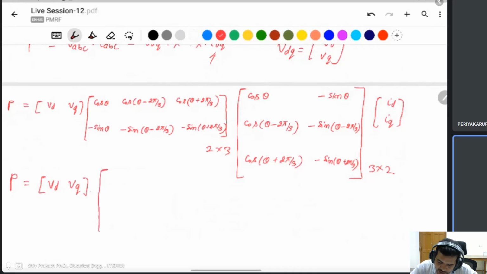This is cos multiplied by cos square theta plus cos square of this one plus cos square of this one.